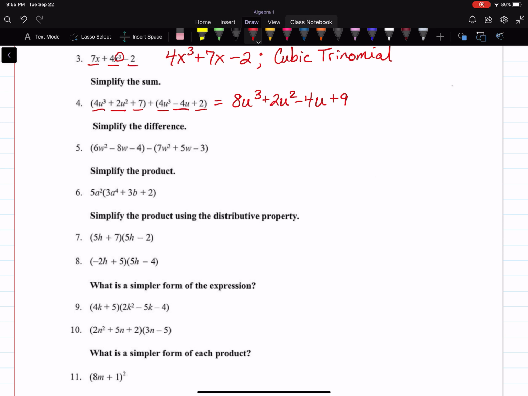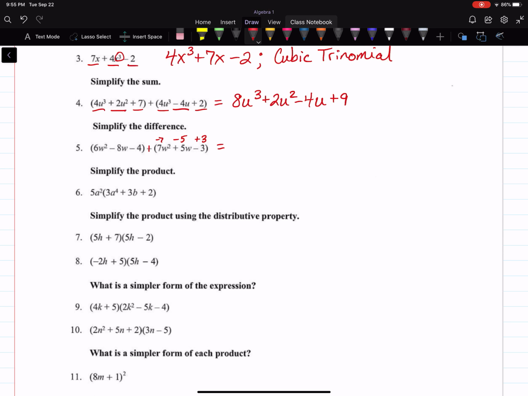So for number 5, it says simplify the difference. Same process basically. The way I do it, I like making it into an addition problem. So what I do is I change the sign to a positive, and I change all the numbers opposite of whatever they are in the parentheses behind it.